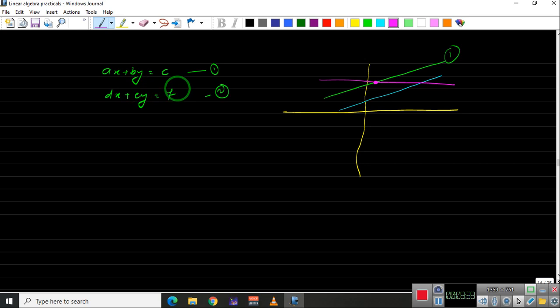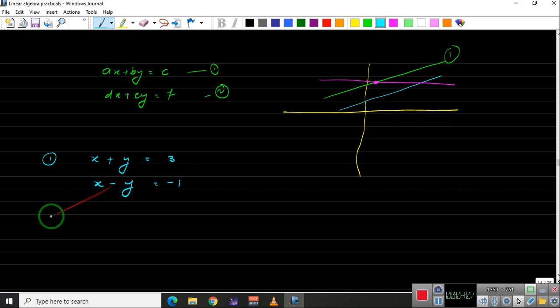Remember that. As an exercise, you can mark these straight lines on your xy plane and see what happens. For example, let me write the first system: x plus y equals 3 and x minus y equals minus 1. We can draw these two straight lines in the xy plane and check the solution.